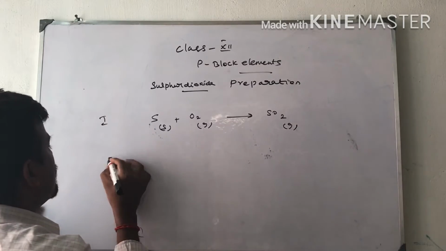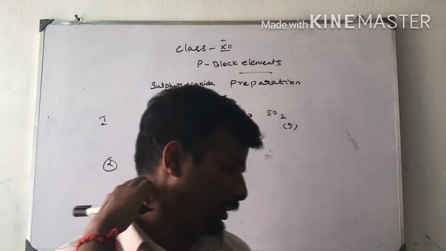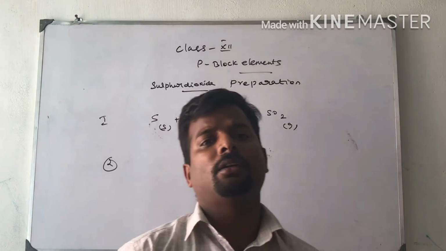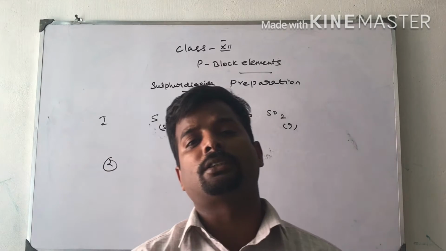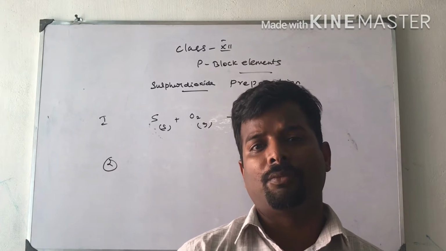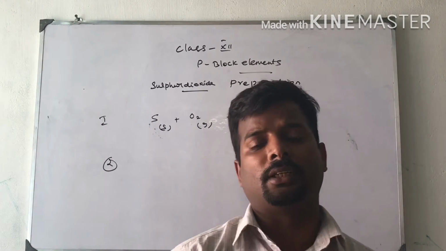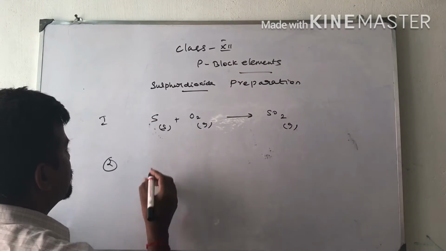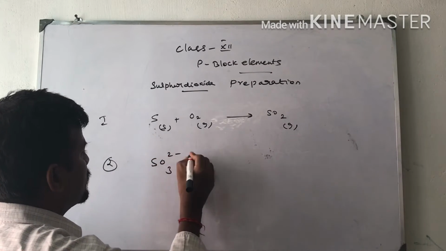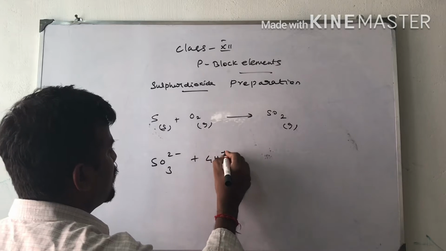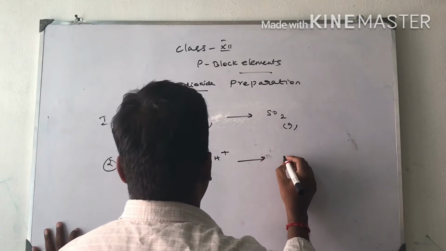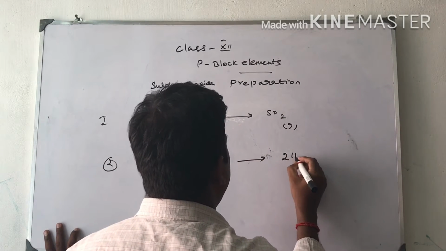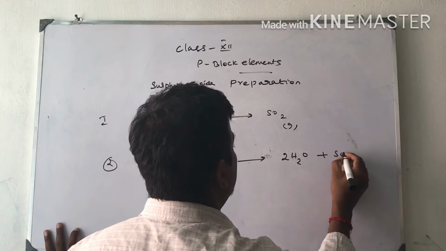The second method is that it is prepared from the sulfite ion, SO3 2 minus, by reaction with dilute acid, which gives sulfur dioxide. Let us see the example: SO3 2 minus plus 2H plus gives H2O plus SO2.